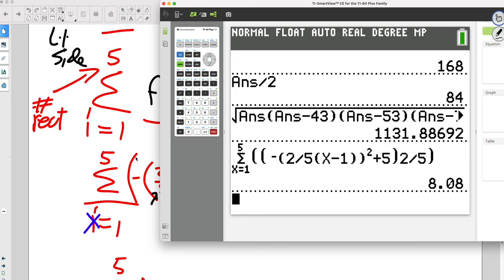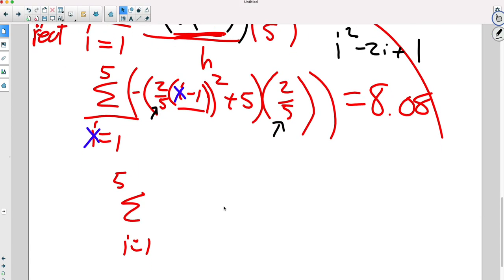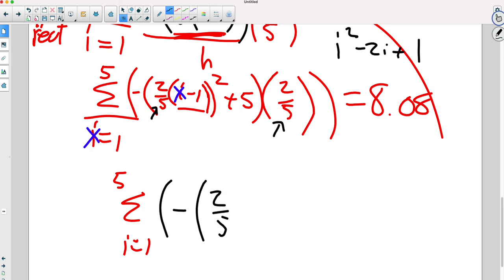Okay? Now, that's the overestimate. How do you do the underestimate? Everything's the same, except instead of x minus 1, or i minus 1, it's just i. And I can explain that if you want me to.